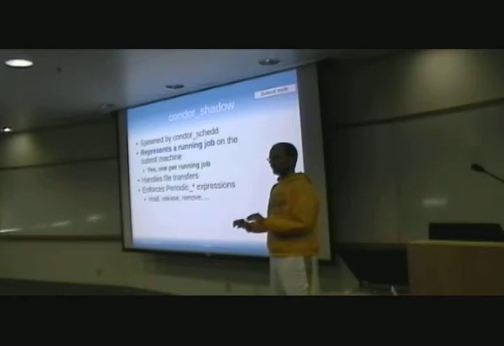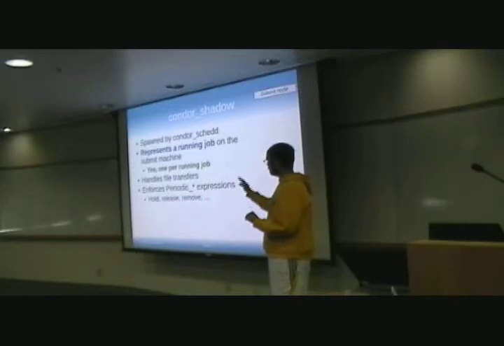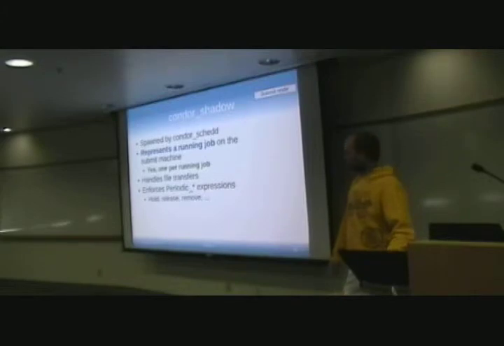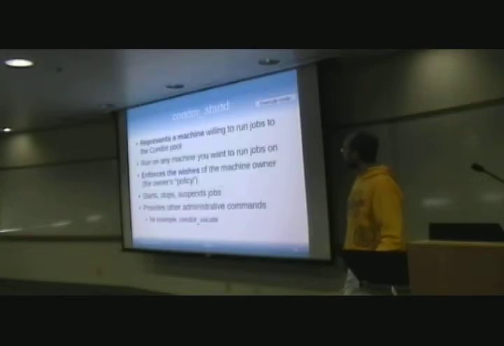So you will have a lot of shadows on your submit node. It also handles file transfers, and it enforces the various periodic expressions like hold, release, remove, and so on. So while most of the time it does very little, there are periodic bursts of activity when it's very active. And that's pretty much all we have on the submit node.